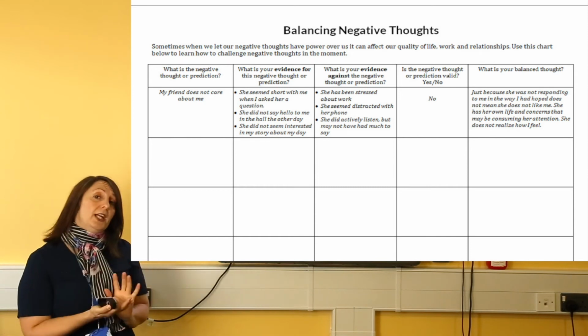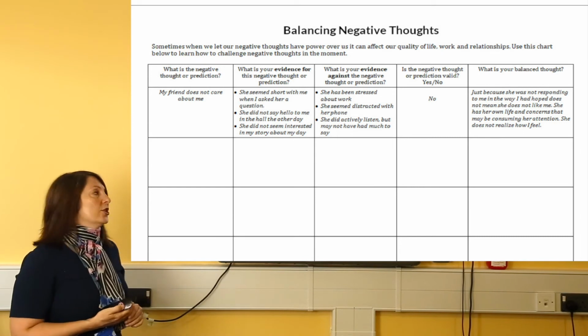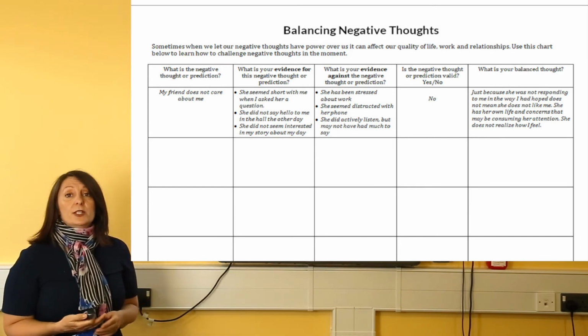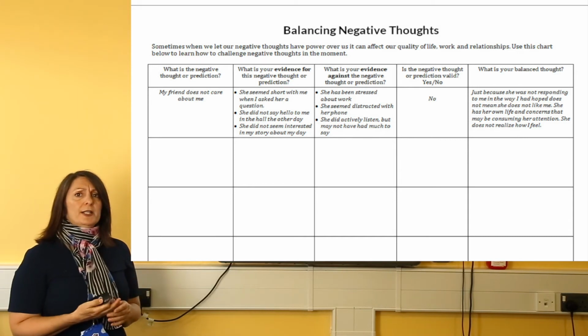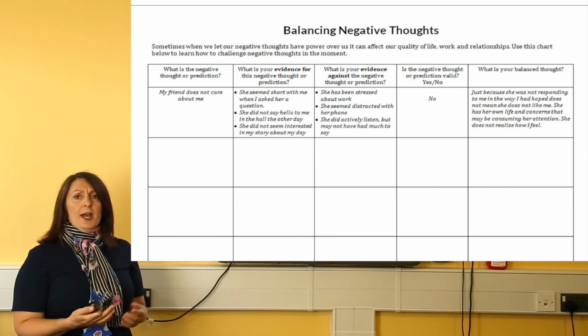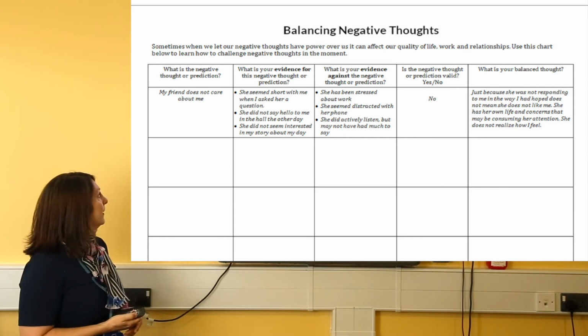So if we can change that element, we can break that link, that part of the chain, which starts to support positive change and helps a young person or child to recognise that things can be different, and supports a positive change in their mood and reduces that anxiety.